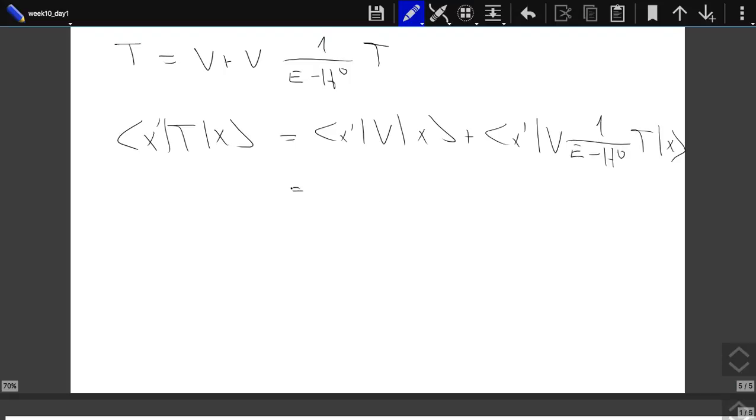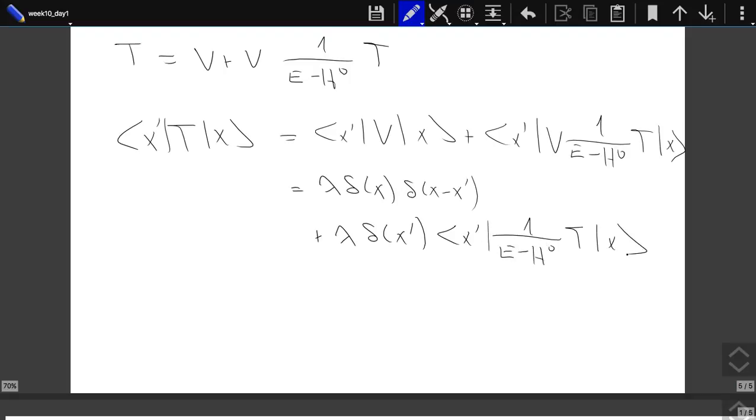This is equal to, well, the potential is just lambda times Dirac delta x. The remaining matrix element just gives me Dirac delta x minus x prime, plus lambda times Dirac delta x prime 1 over E minus H0 T x. Well, the first line I can just write as Dirac delta x times Dirac delta x prime, plus lambda Dirac delta x prime 1 over E minus H0 T of x.